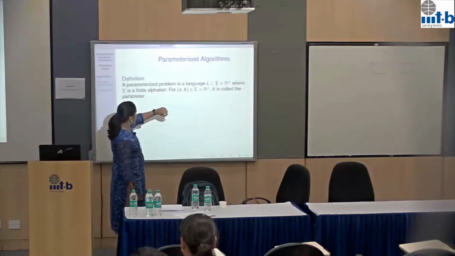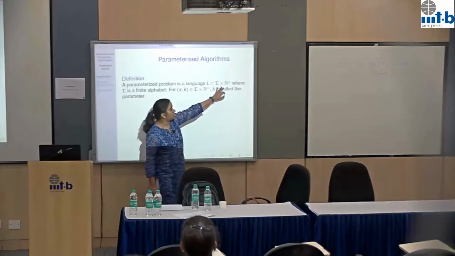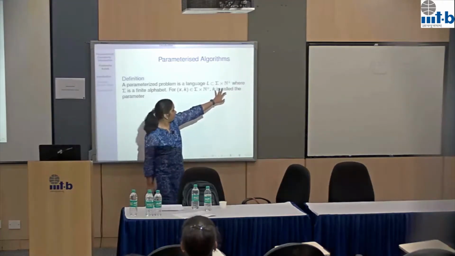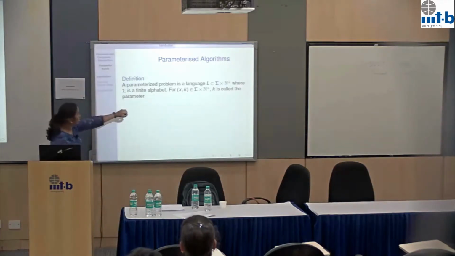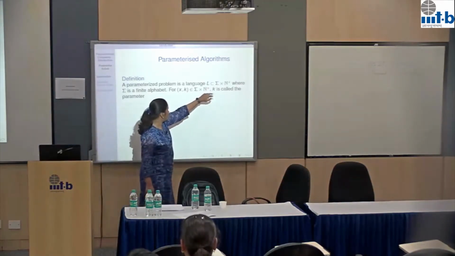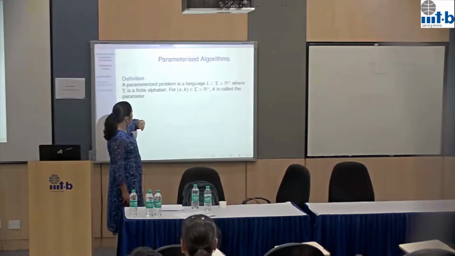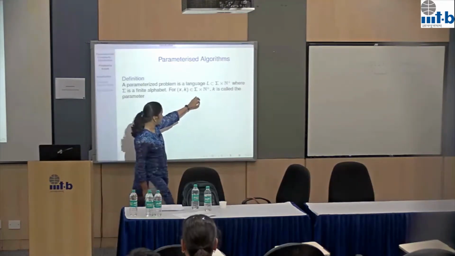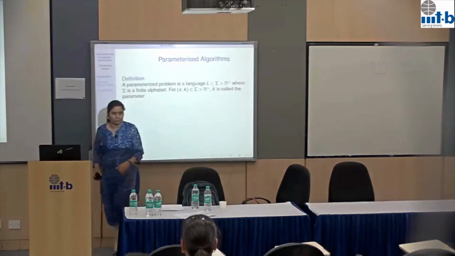But here the problem instance contains an alphabet and also a small positive integer. So a parameterized problem is a language L, a subset of sigma star times the positive integers, an ordered pair of a string over the alphabet and a positive number. And for this pair x comma k, the second element is called the parameter of the problem.